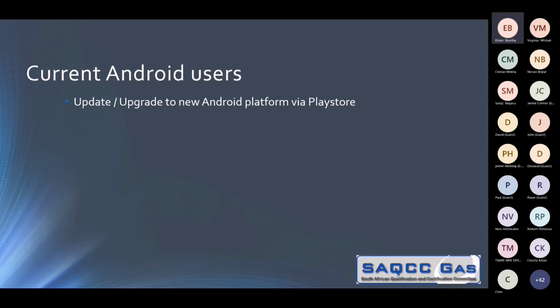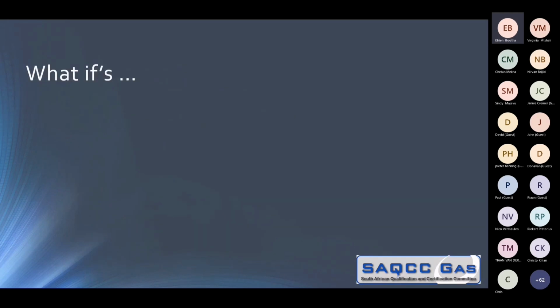SAQCC will inform you all when it's ready, and you need to ensure that everything is saved and synchronized. Once all your CoCs are synced, the Gas Practitioner can decide when to upgrade to the new Android app. If you're not sure, you can contact your Gas Association or SAQCC. But everything will be communicated from SAQCC's side.